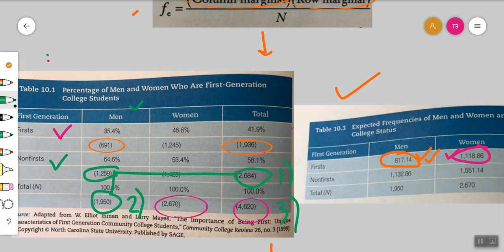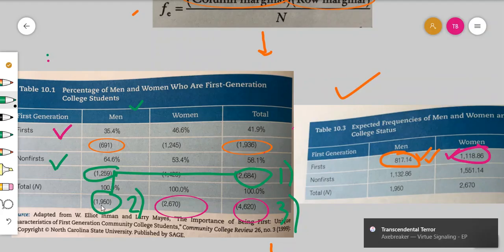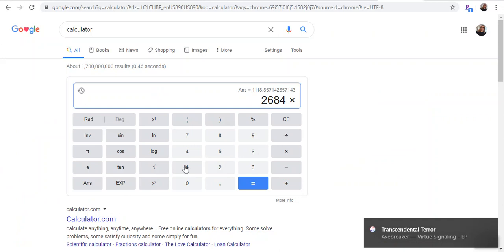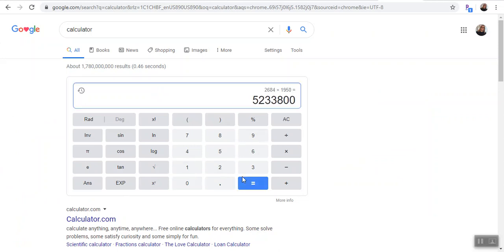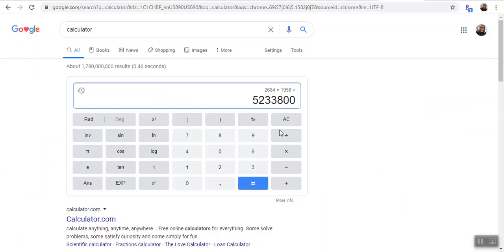Okay, so take the first number, 2684, in our calculator, 2684 times number 2, 1950, 1950 equals, and divide it by the number 3, the 4620.